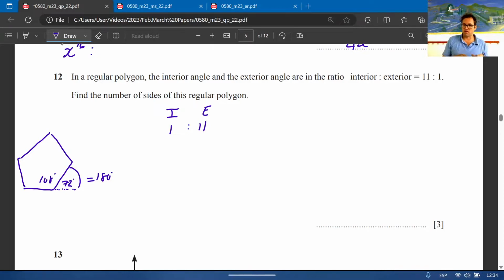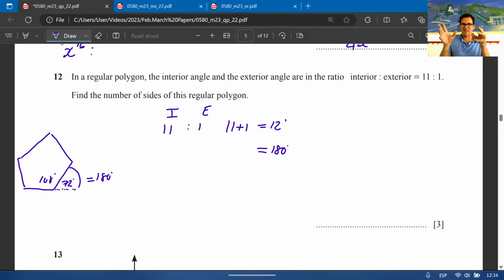So when we add the interior and the exterior angle, we should get 180, but when we add this ratio, we get 12. Oh, I got it the wrong way around. The interior angle is 11, the exterior angle is 1, it adds up to 12, it can't be correct, it needs to add up to 180.